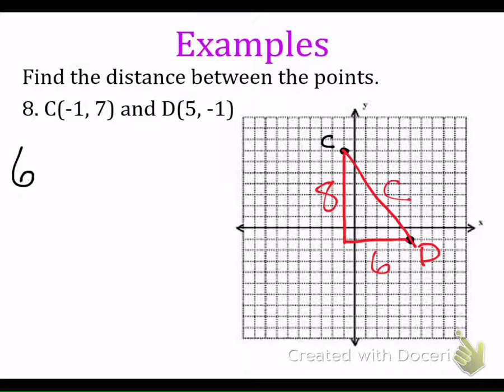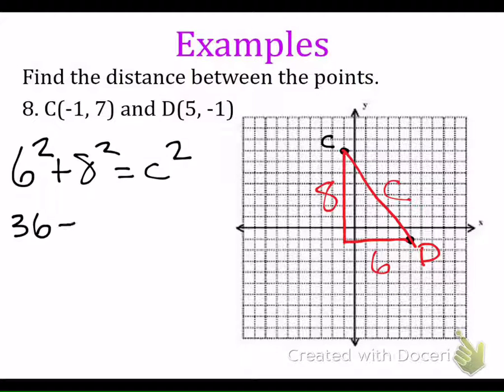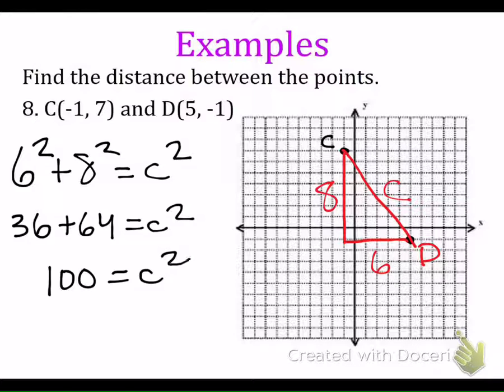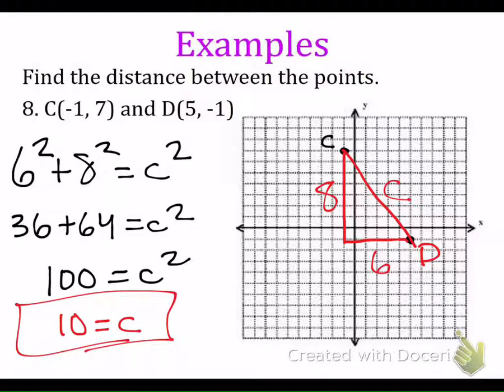So I'm going to do 6 squared plus 8 squared equals C squared. So 36 plus 64 equals c squared, which is 100. So how long is that hypotenuse? 10. You take the square root. What number times itself? All right.